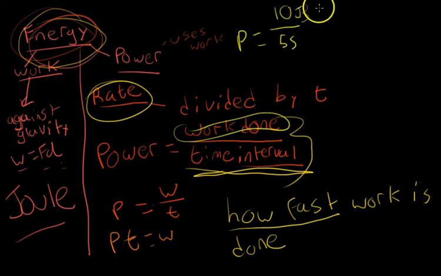So we have two SI units. We have joules, which remember is a combination of newtons and meters, and seconds, which is another SI unit. And we know that P is equal to 10 divided by 5, which is 2. Now we have 10 newton meters, or joules, and 5 seconds.